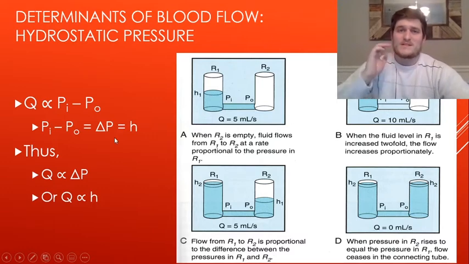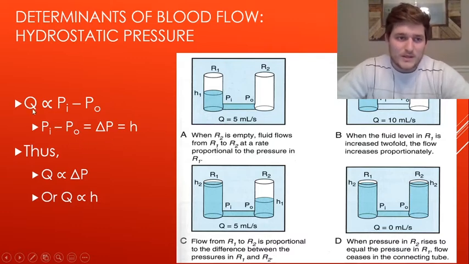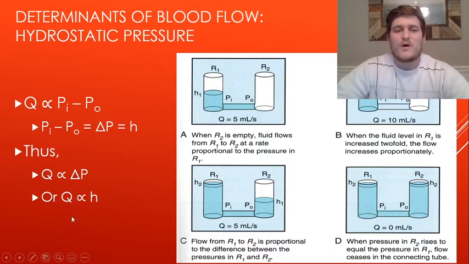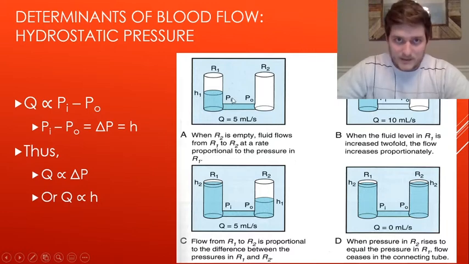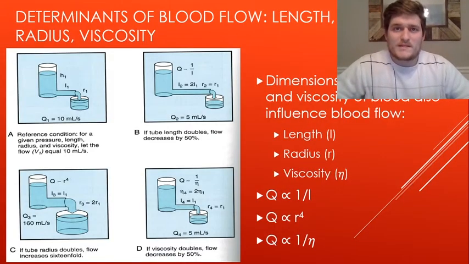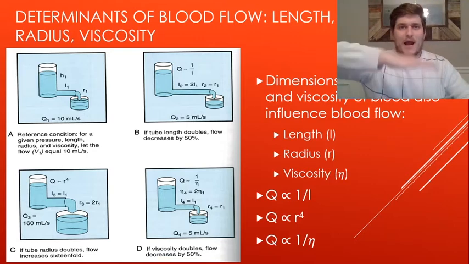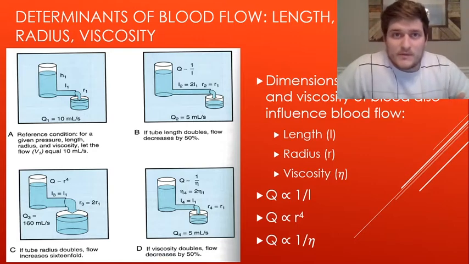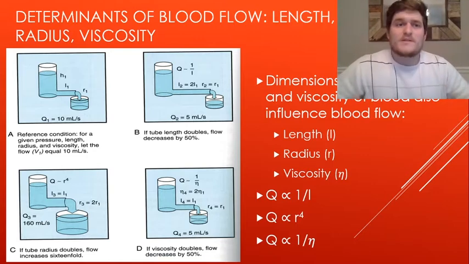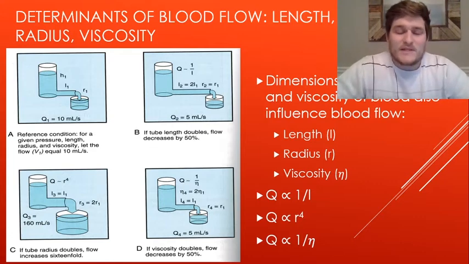So if we simplify that equation, that means that flow, which is proportional to delta P, also means that flow is proportional to the height of the column of fluid. So hydrostatic pressure means that the height, or our posture, is ultimately going to determine blood flow. But also the length of our blood vessels, the radius of our blood vessels, and the viscosity of our blood are also going to determine blood flow.